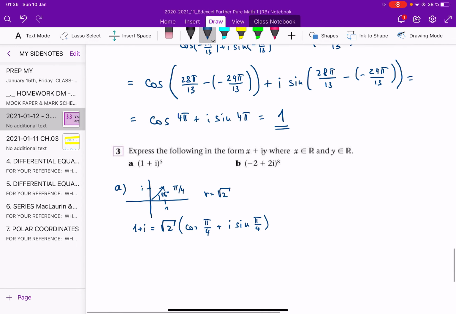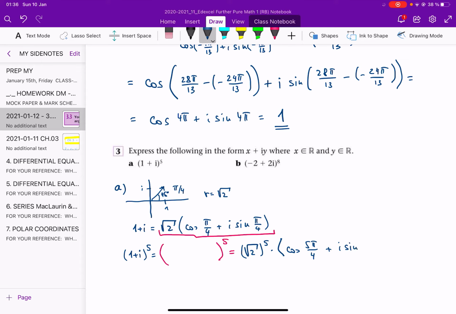Now if I have 1 plus i to the power of 5, that means all of this will be to the power of 5. And there I can use the Moivre theorem. So root of 2 to the power of 5 times cosine 5 pi over 4 plus i sine 5 pi over 4, because I multiplied by the exponent 5.